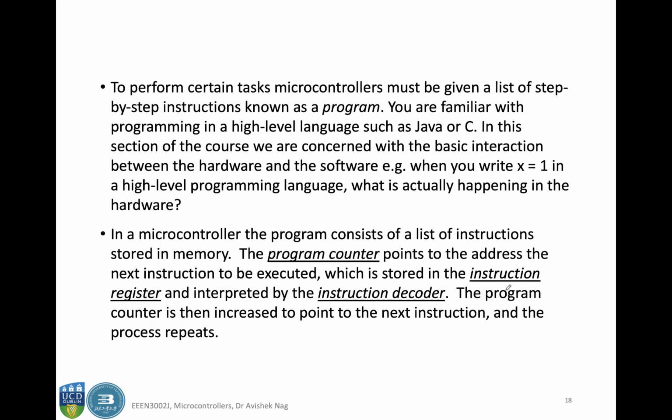So let's say to perform certain tasks, the microcontroller must be given a list of step-by-step instructions. This is called the program. When you write a program in a high-level language like Java or C, you are basically telling the computer what to do.